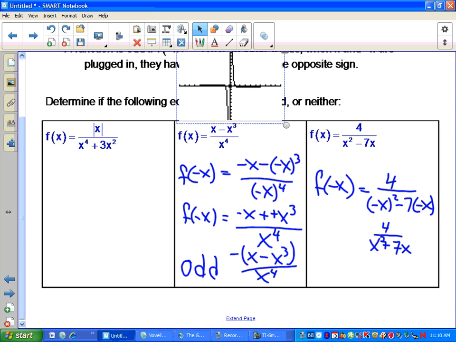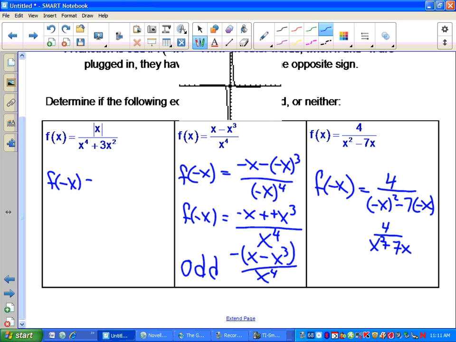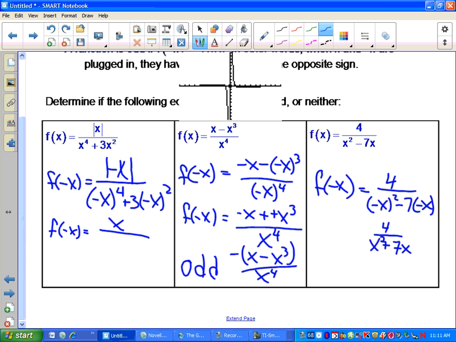Okay, let's look at this last one. F of negative x equals negative absolute value of negative x over negative x to the fourth plus 3 times negative x squared. So what's the absolute value of negative x? It's x, positive, right?